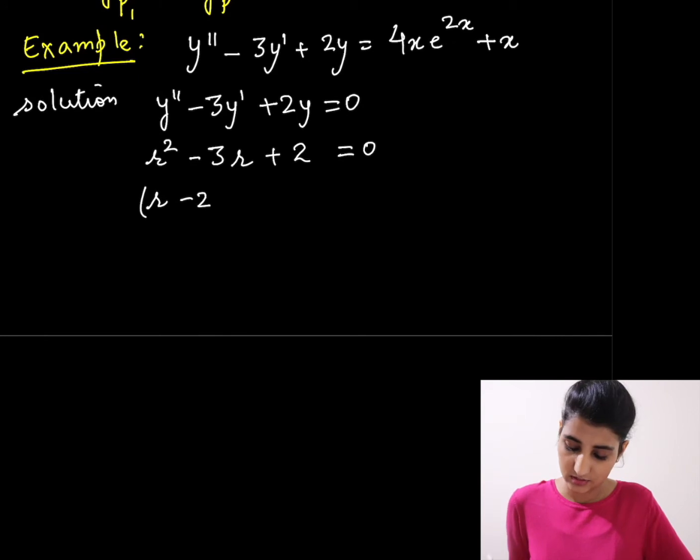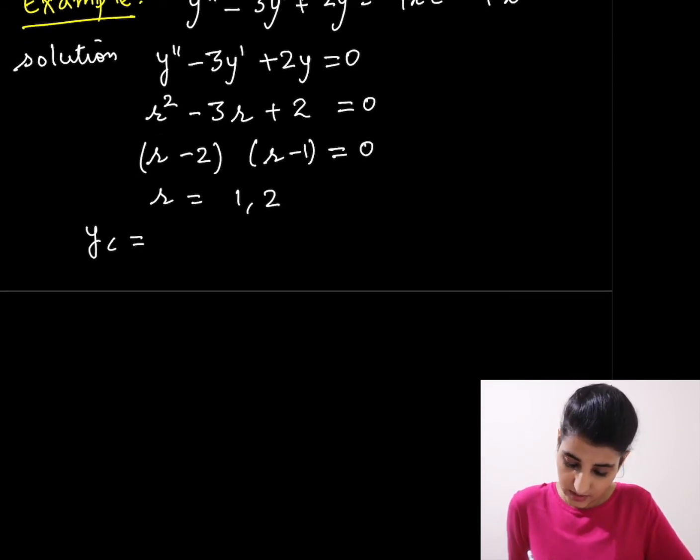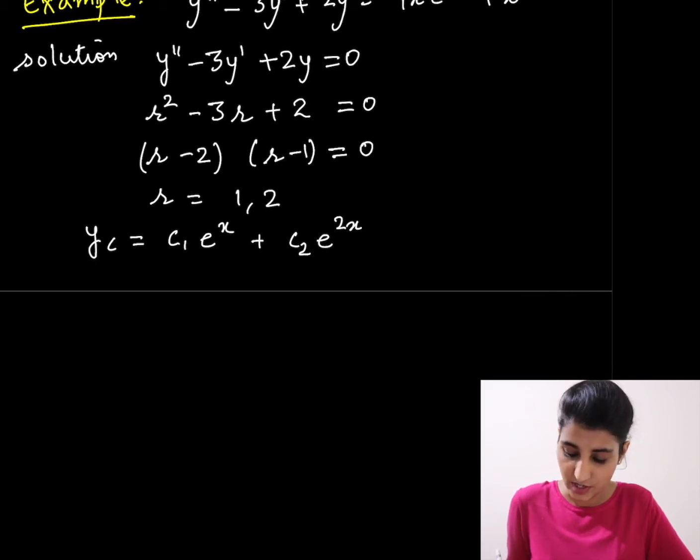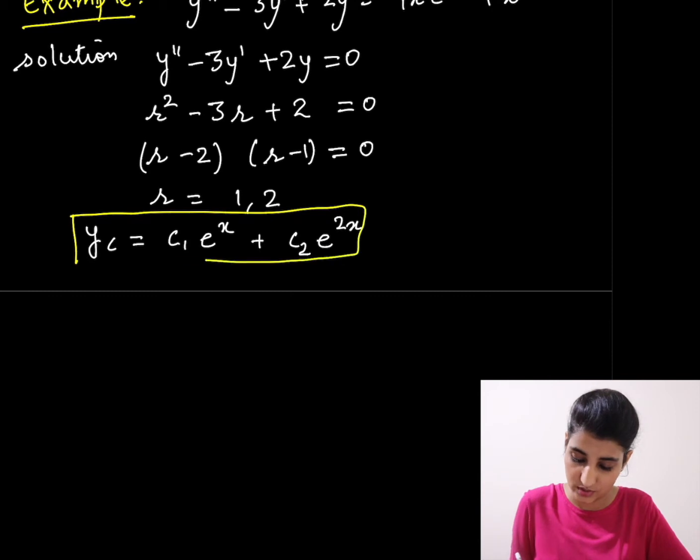Let me just quickly write it down. (r minus 2) and (r minus 1) are the two factors, so r is either 1 or 2. These are the two roots. So our complementary solution is C1 e power x plus C2 e power 2x.